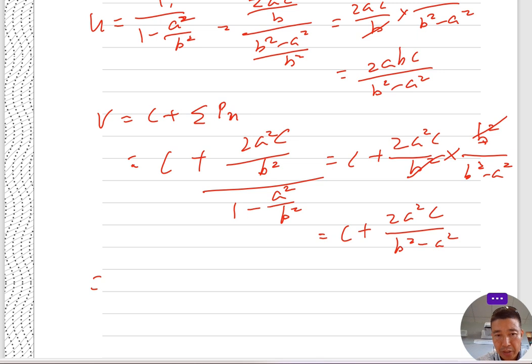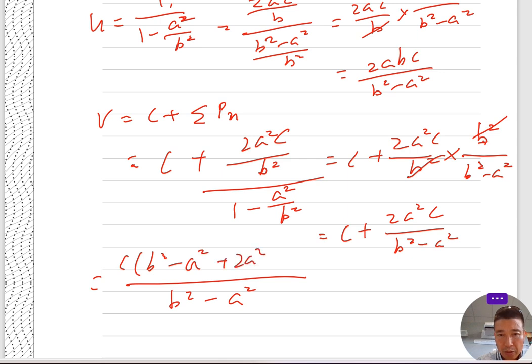And then we combine the C. So B squared minus A squared, I can just multiply by C: B squared minus A squared plus 2A squared C. If I expand, I see B squared C minus A squared C plus 2A squared C is plus A squared C, right? Over B squared minus A squared.